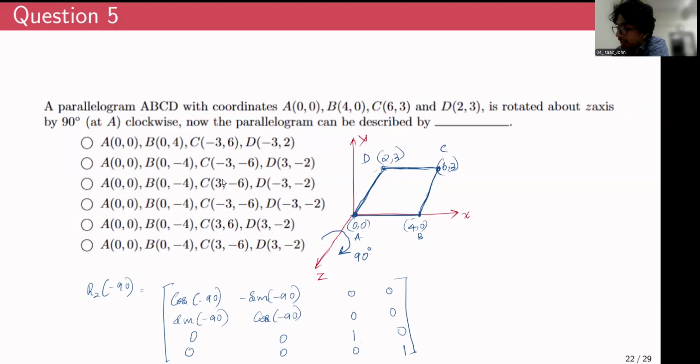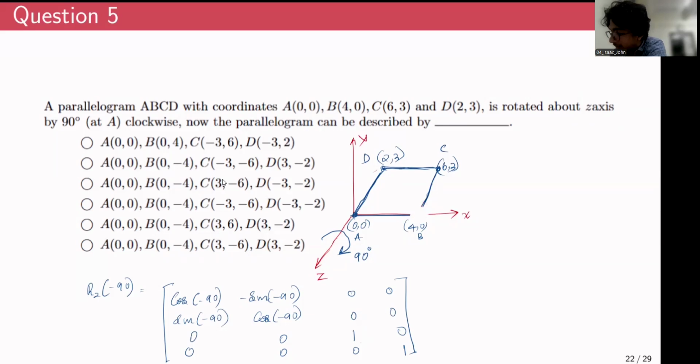So the first vector, the coordinate of the first vertex, is 0, 0, right? So 0, 0 is always going to be 0, 0. Even if you rotate 0, 0 about the Z axis, this point is still going to be 0, 0 because that is lying on that axis. But then what about this point 4, 0?